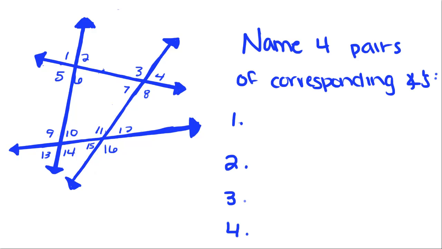So name 4 pairs of corresponding angles. So corresponding angles are just angles that happen in the same place. So if I start on this top left angle, this angle corresponds to this angle on this line. So angle 1 and angle 9. Now this doesn't mean that they're congruent.